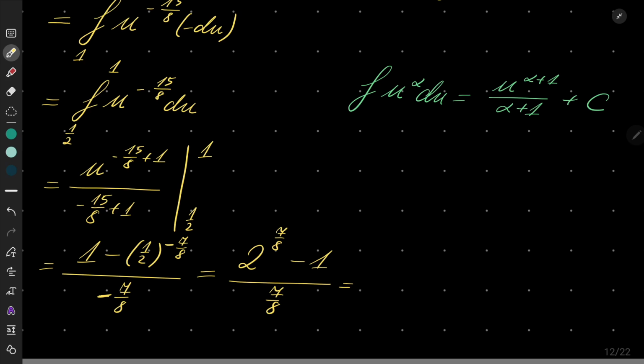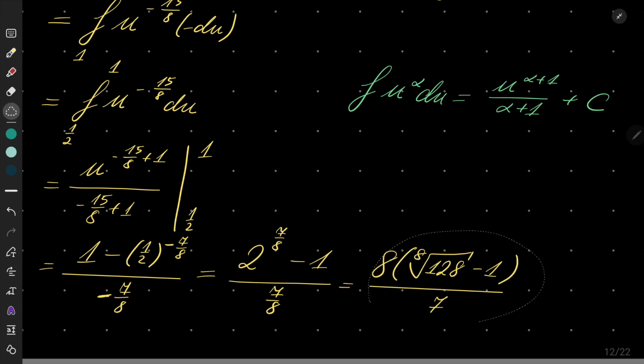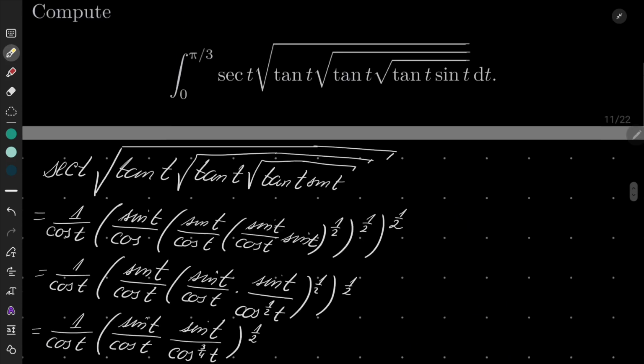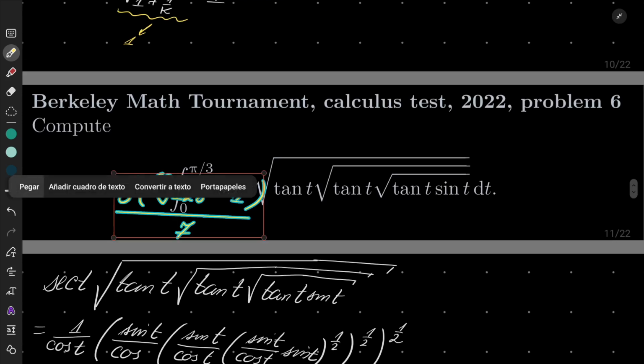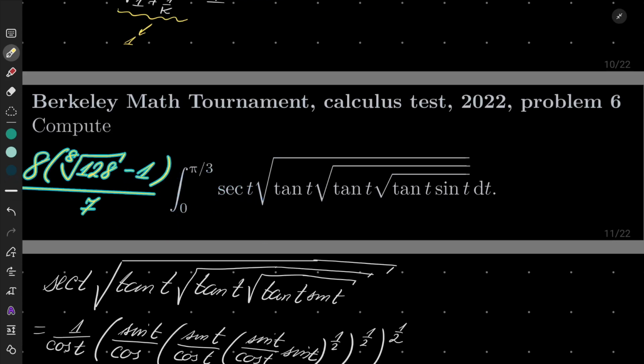And that is just, I can take 8 times the 8th root of 2 to the power of 7, which is 128, minus 1, all over 7. And that is my result. Going back to my problem, this entire integral happens to be just this number.